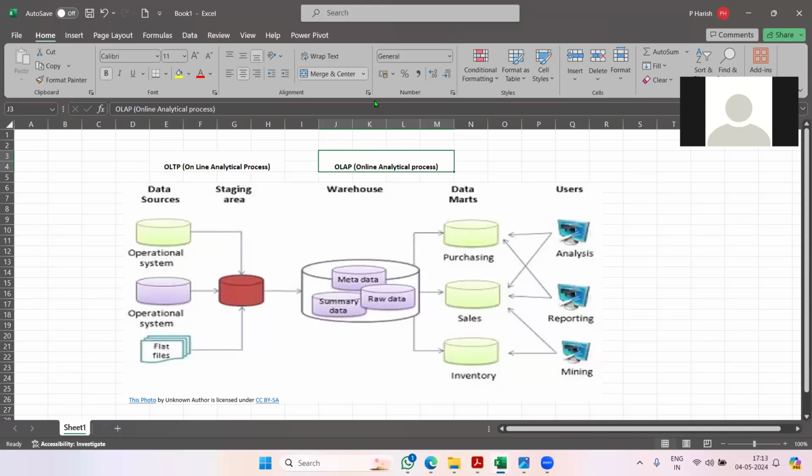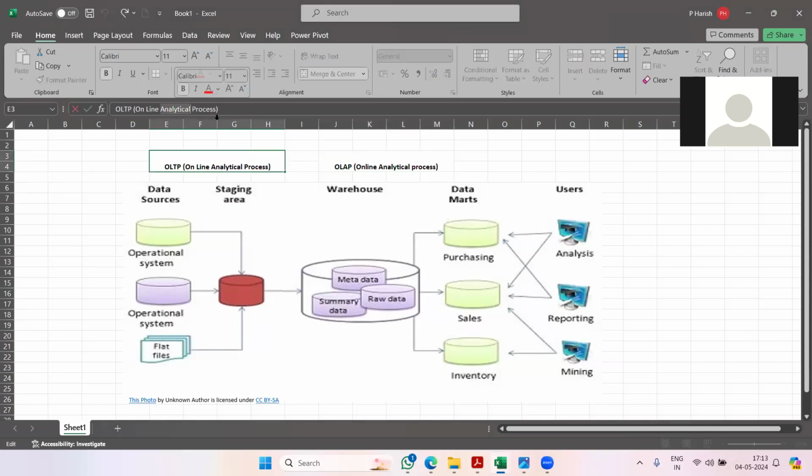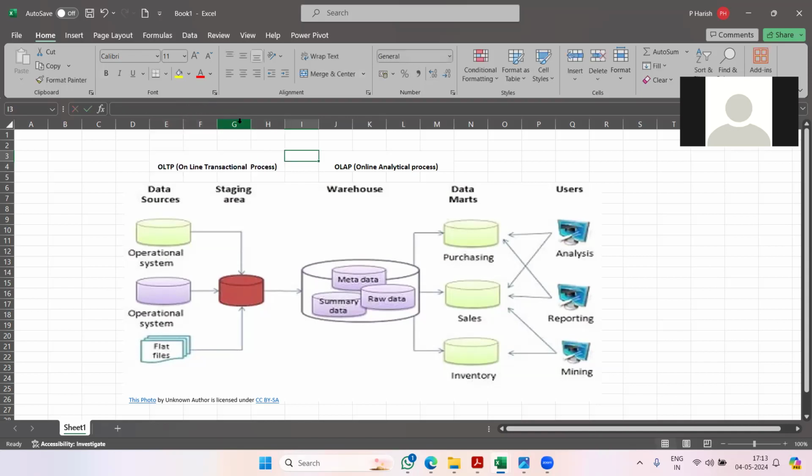Now I have two chats from the window. Let me see. Oh, thank you very much. I'm happy my students are actively listening. Online transactional processing, OLTP, OLAP. Thanks.